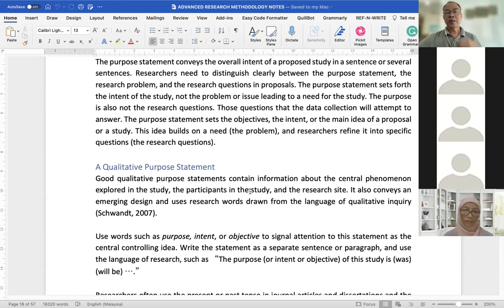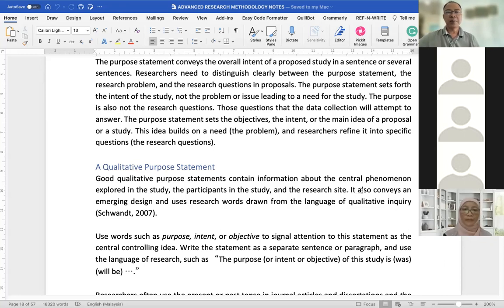The participants depend on the topic and the intent of the study, and also the research site, where the research is going to take place. So this is the general idea about writing a purpose statement in qualitative research.